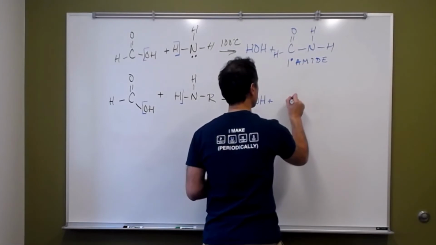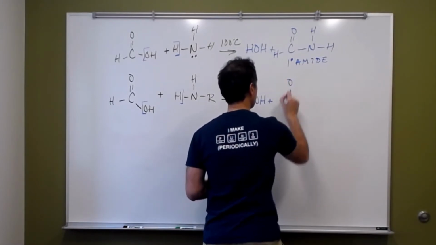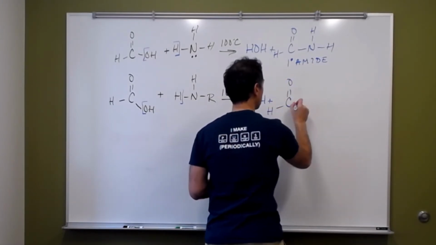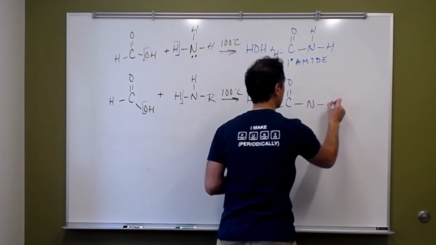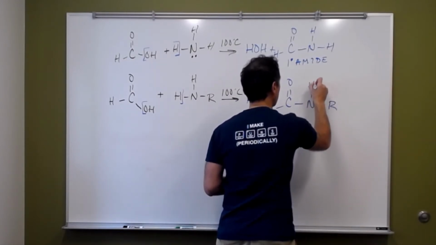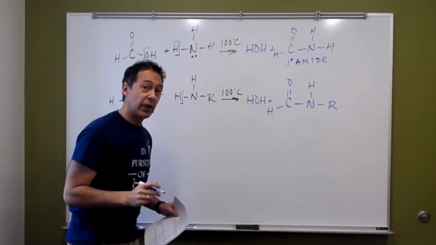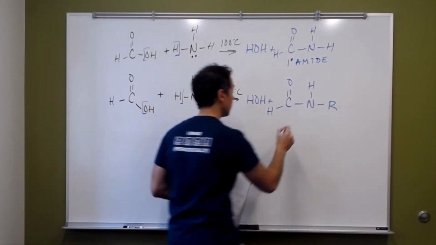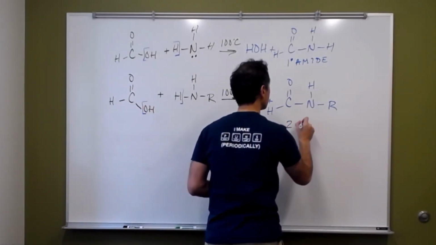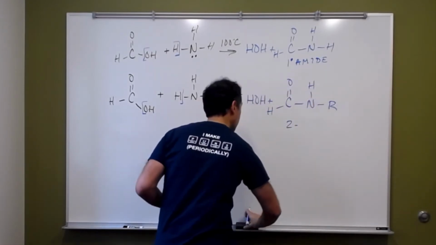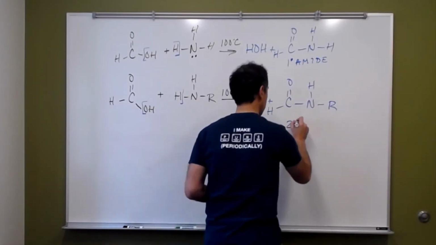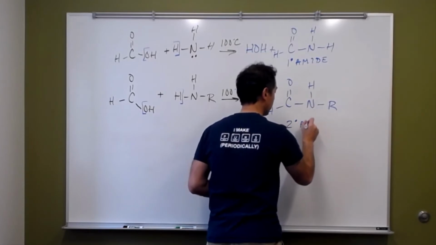So C, double bond O, hydrogen, nitrogen, R, H like this, and then we end up with a secondary amide.